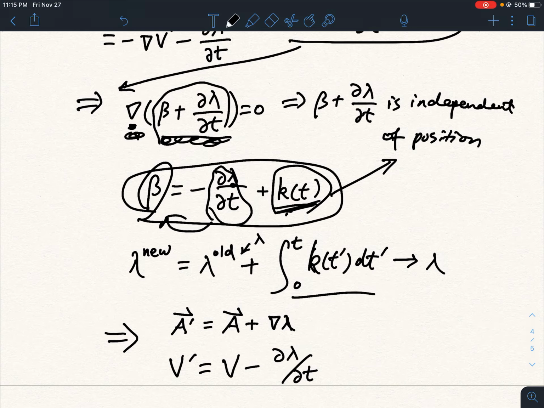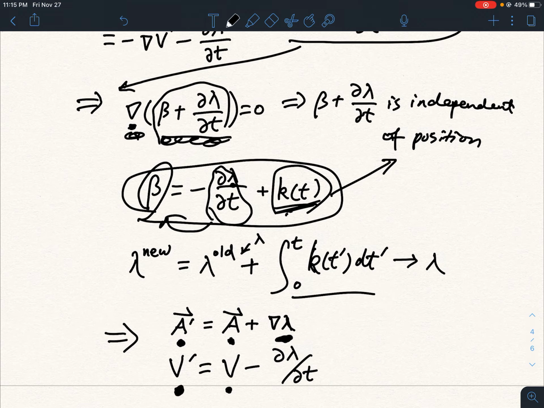So that really means that when I have an A and a V, I have the freedom to choose any function lambda. As long as my new A prime is the old A plus the gradient of this function lambda, then the B field will not change.